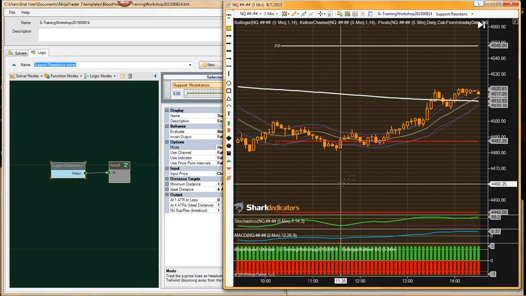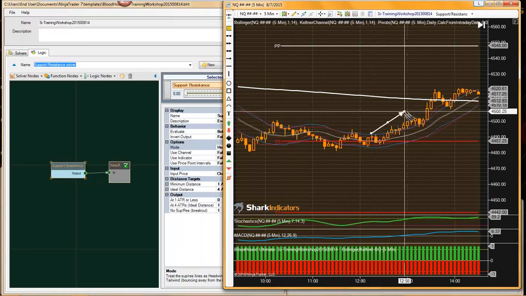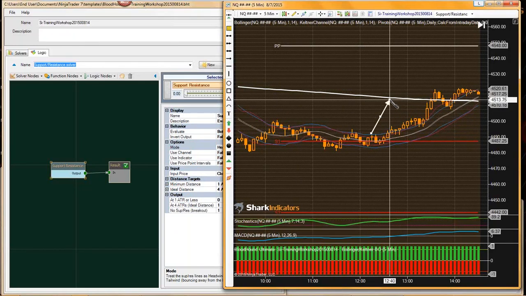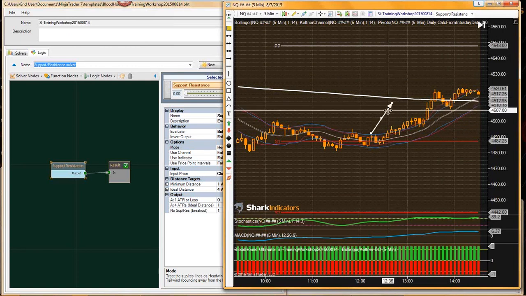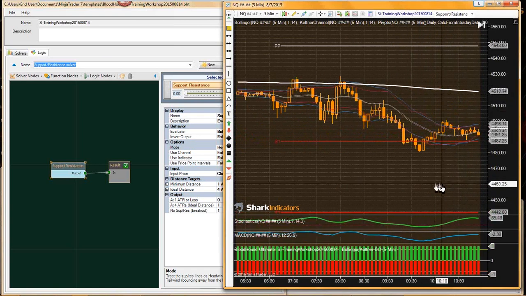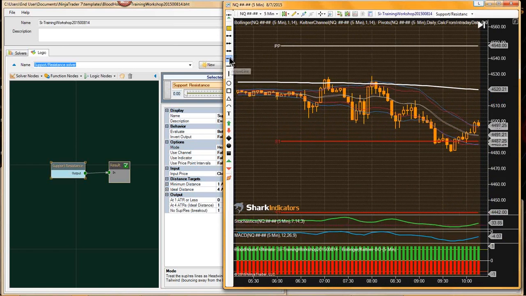So headwind mode, think of it as if we're taking a long trade, right? Well, hold on. I don't want to use the SMA, I'm going to use the pivot. So let me find a better spot on the chart. Here we go. Alright, let's say we're up here and we want to take a short trade.